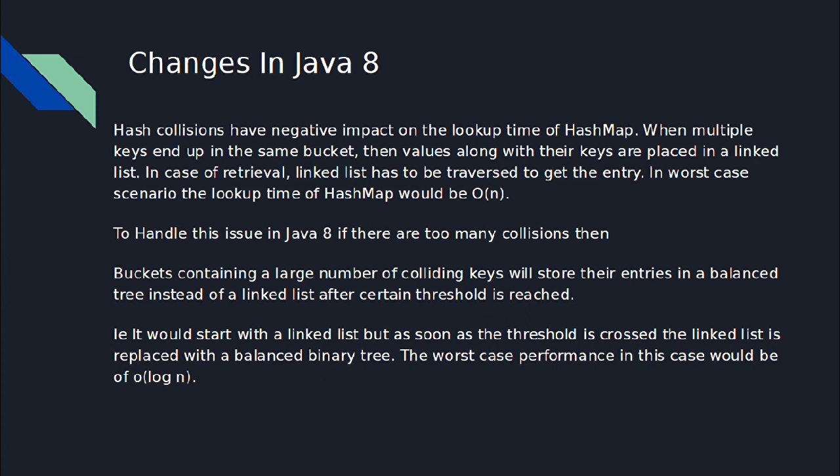Now to handle this worst case complexity issue in Java 8, the buckets which contain a large number of colliding keys will store their entries in a balanced tree instead of a linked list. So we start with a linked list, and we keep adding to that linked list on each collision. When the size of that linked list crosses a particular threshold, the implementation is changed to a balanced tree.